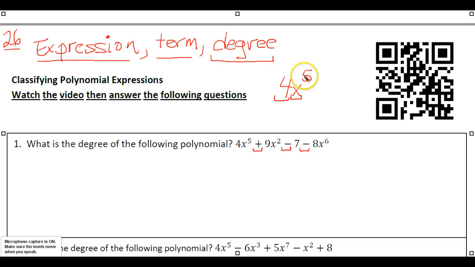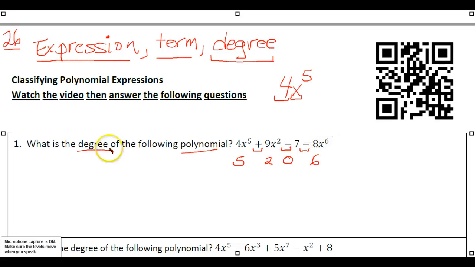We would add up those exponents on that single term. So the degree of this polynomial, the first term is 5. The second term is 2. This one is, since there isn't any variable, it's 0. And the exponent on this one is 6.